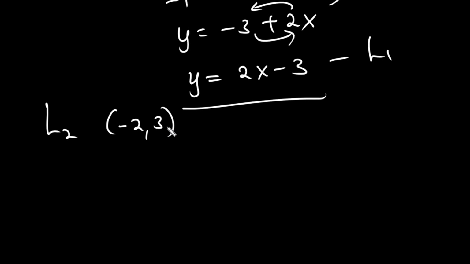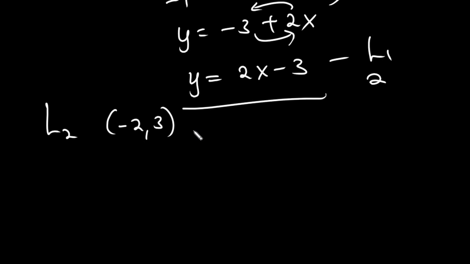So we have line L1. We already know that the gradient of line L1 is 2, but we don't know the gradient of L2. Remember, the question requires us to get the equation of L2, but to get the equation of L2, we need first the gradient of L2, which is not given.